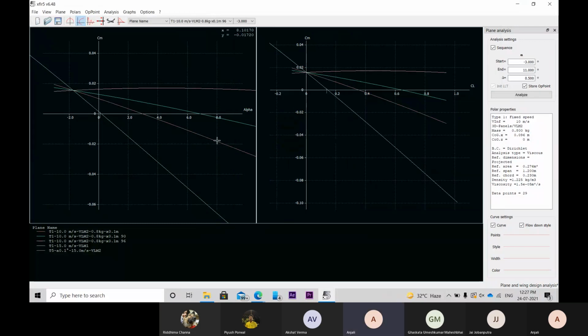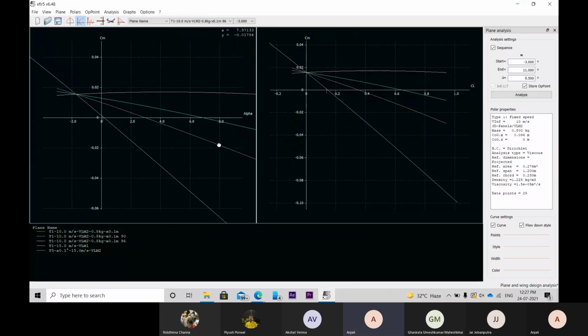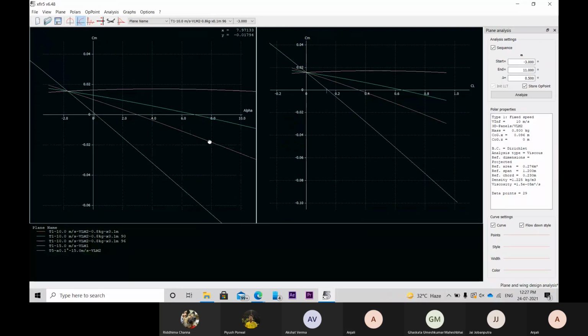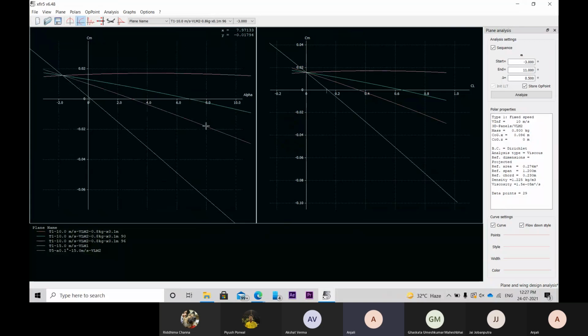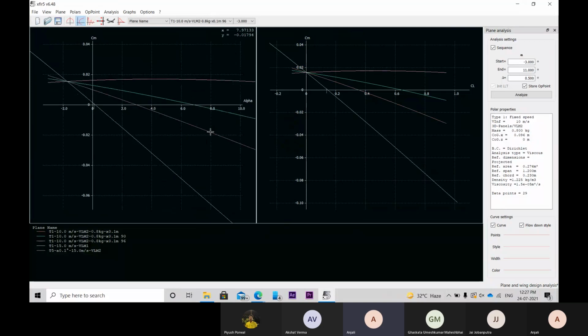Yeah. So this is pretty much horizontal. So we can just approximate it to the given value, like 96 or 95.5. So we call it our neutral point.